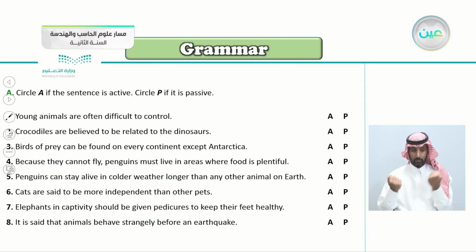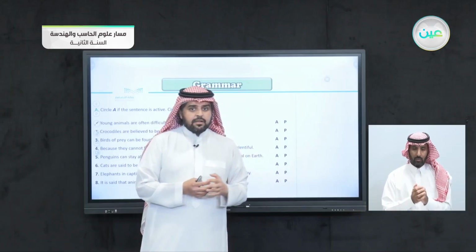Exercise A, circle A if the sentence is active, and P if it is passive. Young animals are often difficult to control. How can you tell if it's active or passive?